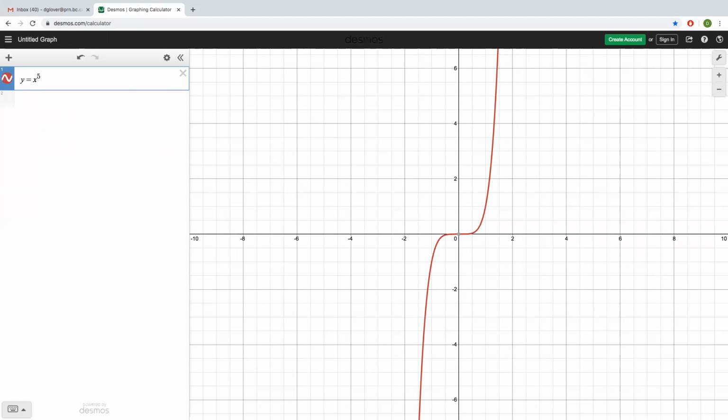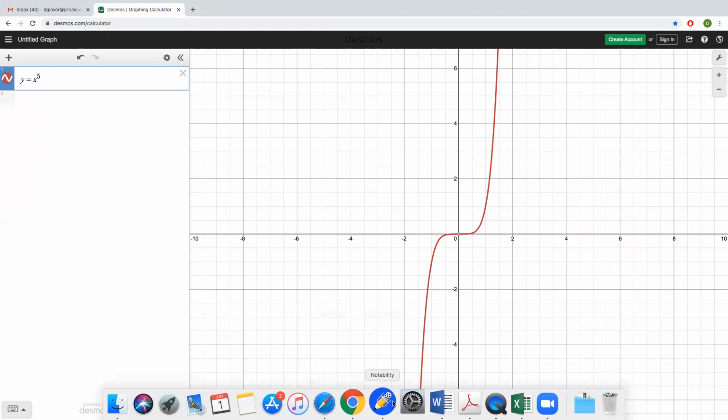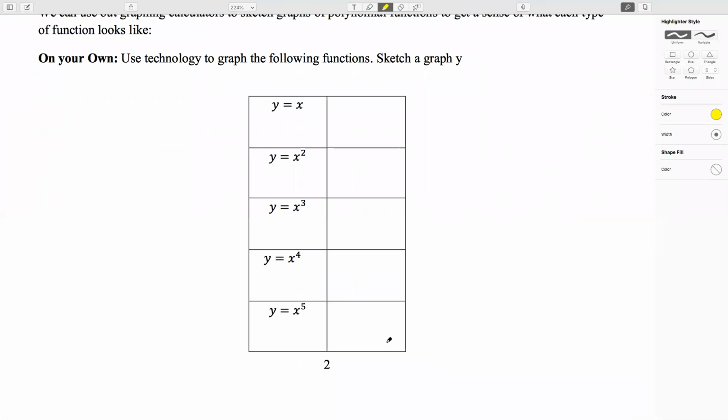Okay, I'm going to go back to our notes and draw a sketch. I'm going to try to exaggerate some of the characteristics though. Let's just draw our axes first.